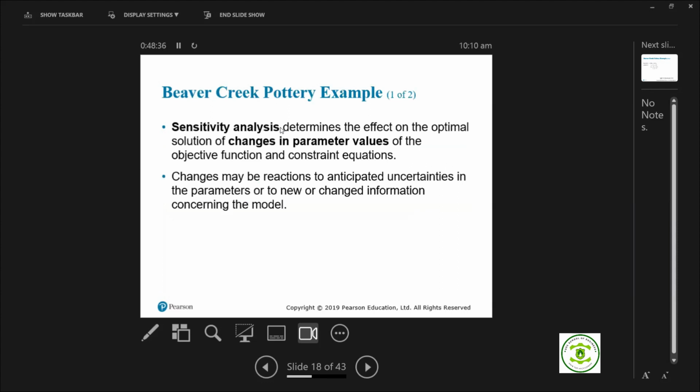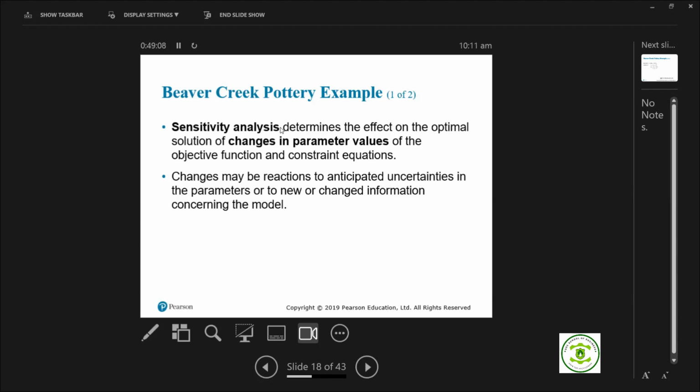Now, for a manager, even though in the linear programming example we are using we seem to suggest that the manager is certain of the value of the parameters. By the parameters, we're talking about the coefficients attached to x1 and x2, and even x1 and x2 themselves, that we are sure of them.